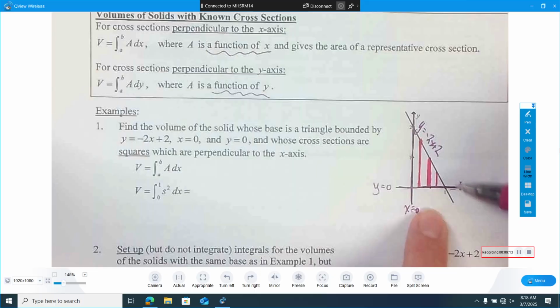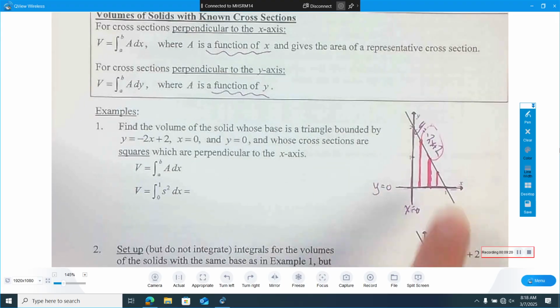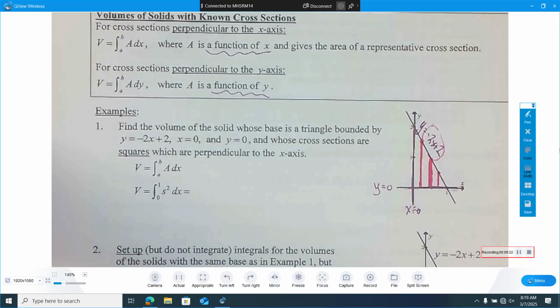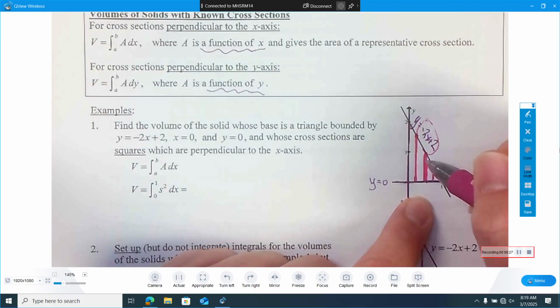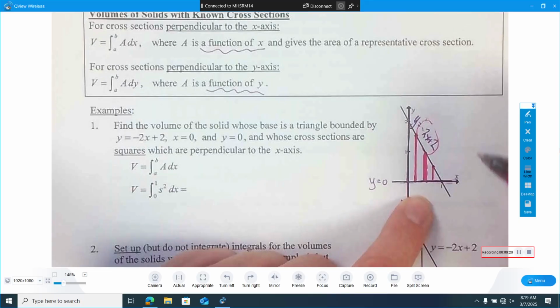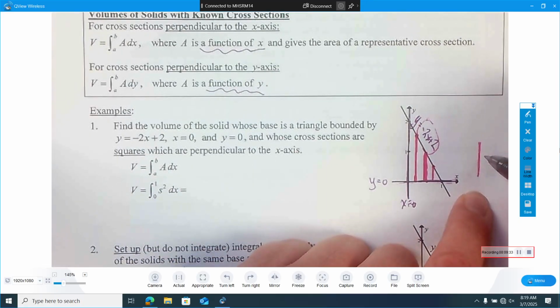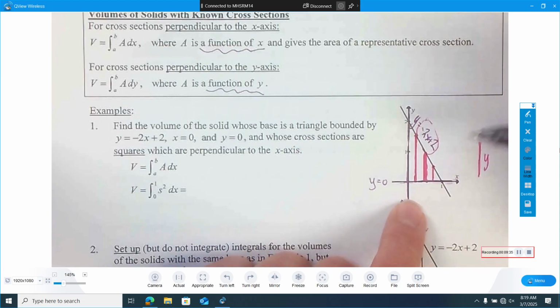We plug in some x value. How do we get the y value? It's just the equation. So as we move along that x-axis, our height is determined by our function. That height really is our y value, from our function.